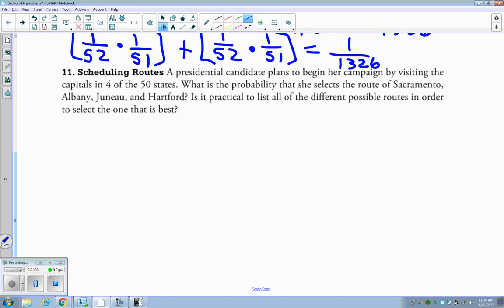Is it practical to list all of the different possible routes in order to select the one that is best? Is that a permutation where order matters or a combination where order doesn't matter? It is a permutation, exactly. It is a permutation because there will be a big difference in my route depending on the order of the cities that I visit.